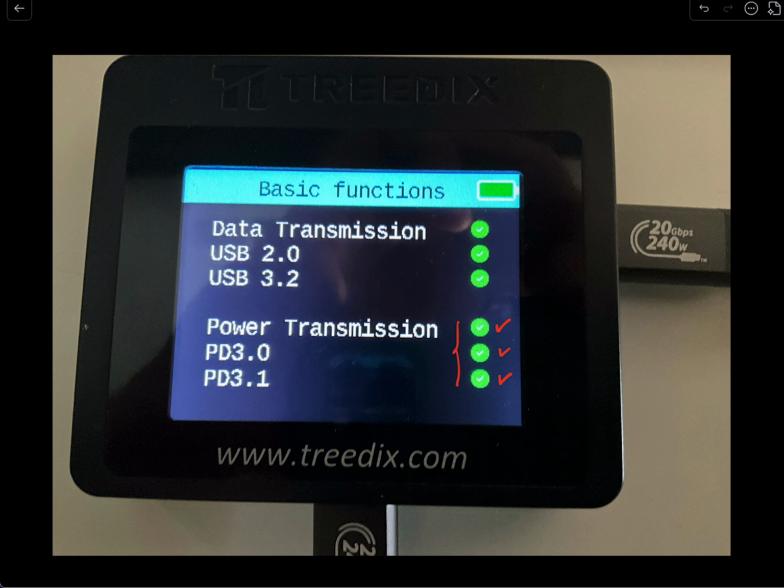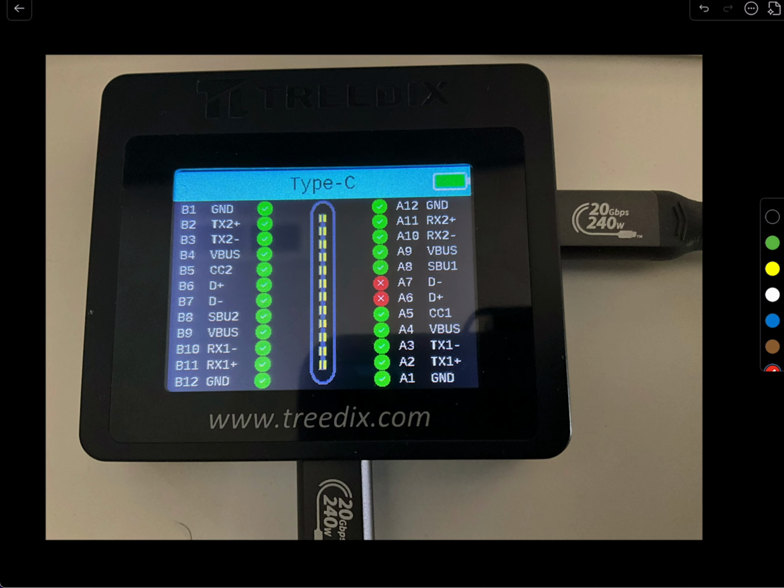Now, if you press a little white button that is on this side of the unit, you get to the second screen. This screen may look a little geeky, and it is. Basically, it tells you all the pins that exist on the USB-C connector that in this particular cable that I have attached here actually have a physical connection.